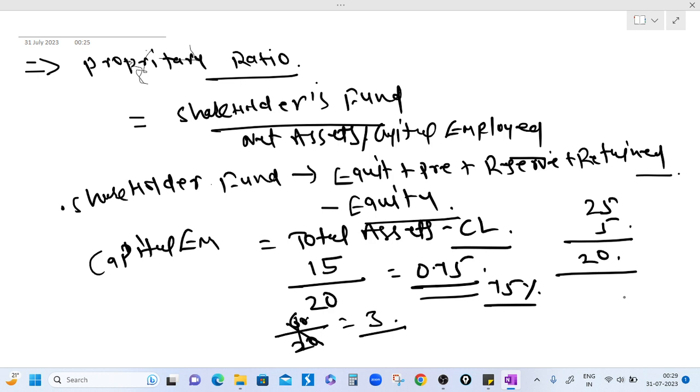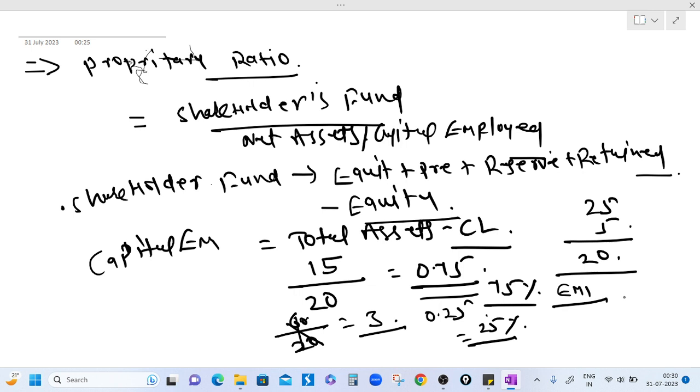So in this example, suppose instead of 0.75 this is coming 0.25 or 25%. It means shareholders put in 25% while 75% has been taken from the banks. This business is very risky, because if tomorrow the business is unable to pay the EMIs and other outside fund requirements, the lenders will definitely ask for their money back.